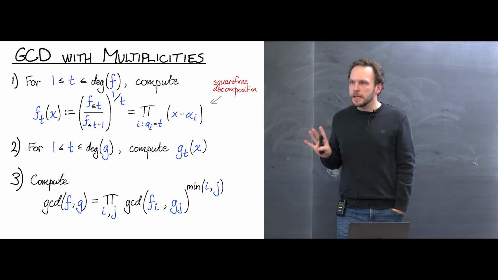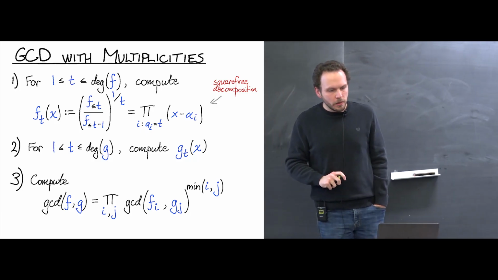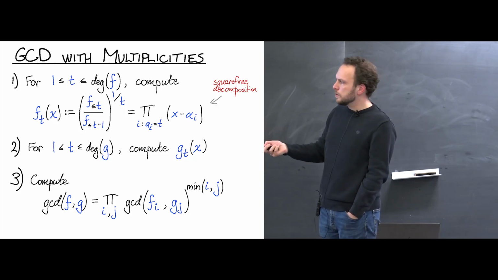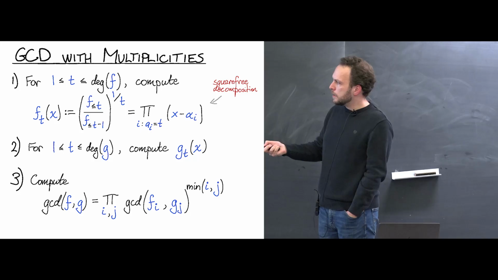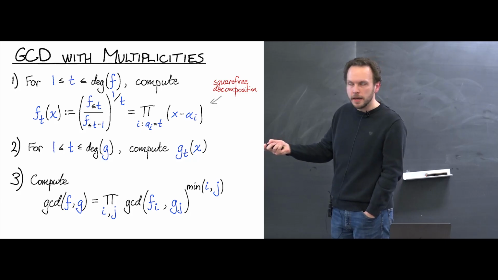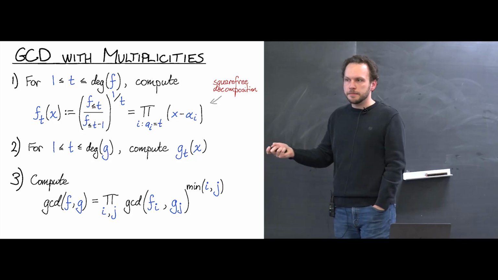Now, from here, we can get the GCD pretty easily. And how are we going to do that? Well, I claim that this is the GCD of f and g. So for all i and j, you look at f_i and g_j. These are the roots that show up with multiplicity i in f and multiplicity j in g. I take their GCD.